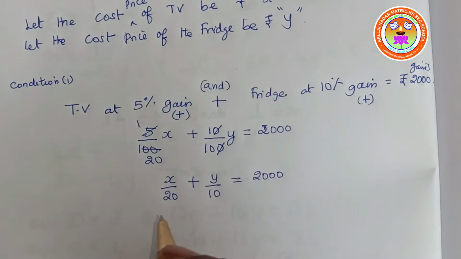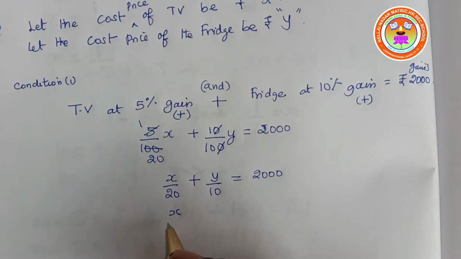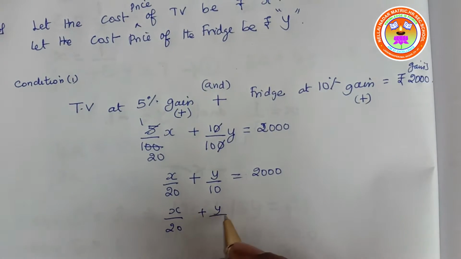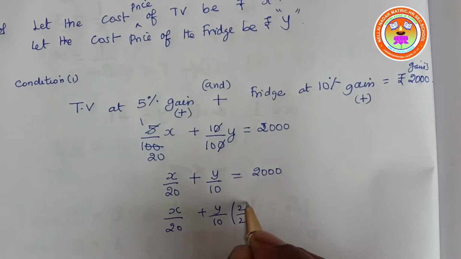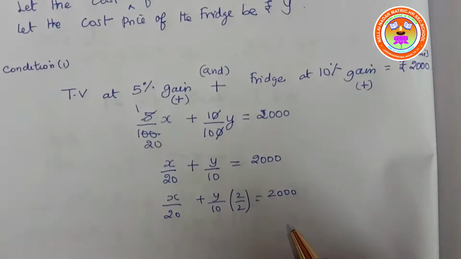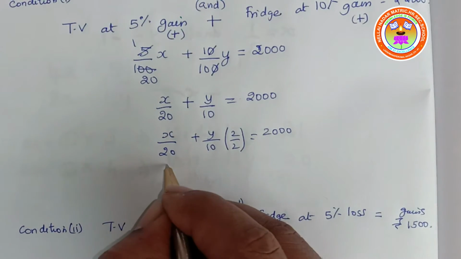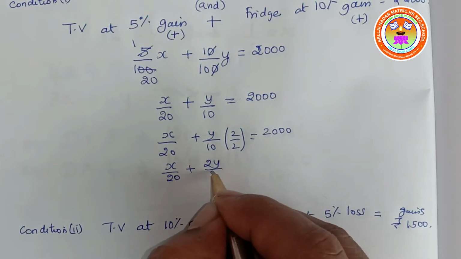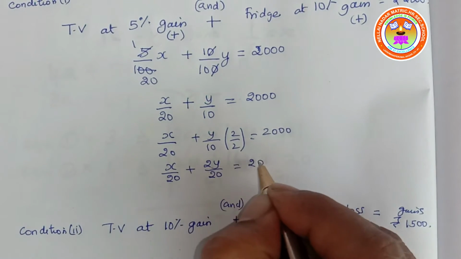Now you are going to take the LCM. So X by 20 plus Y by 10, multiply and divide by 2 to get 20 as the LCM, equal to 2000. Now X by 20 plus 2Y by 20 equal to 2000.